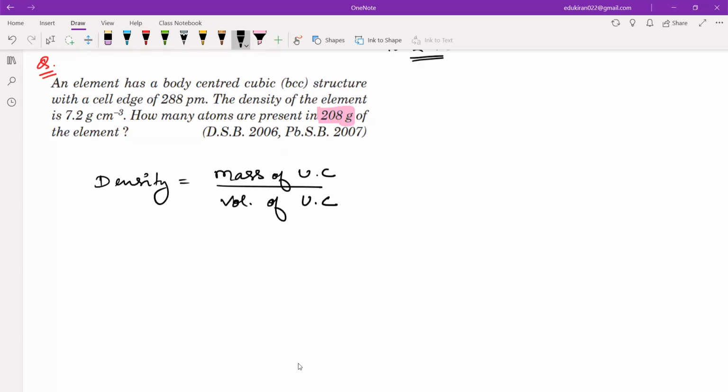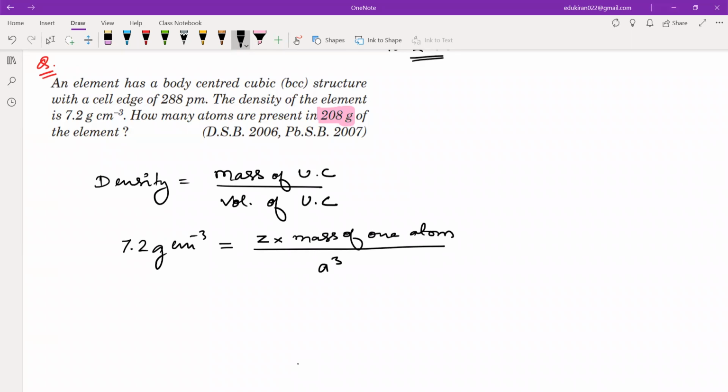Now, in this question, we have the density equal to 7.2 grams per centimeter cube. What will be the mass of unit cell? That will be equal to Z into the mass of one atom. Now, divide by the volume of unit cell, that will be a cube.